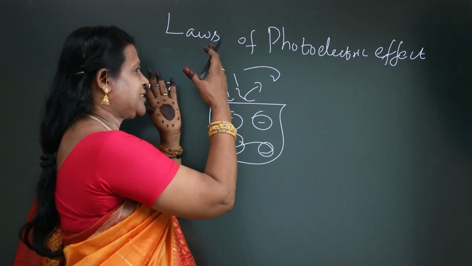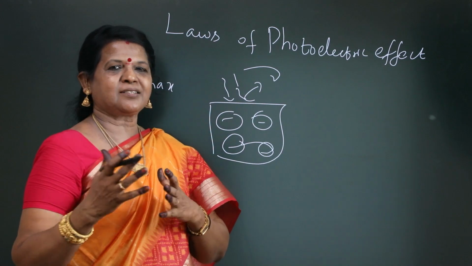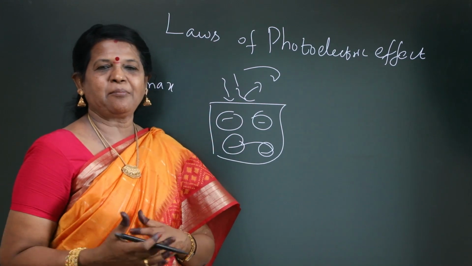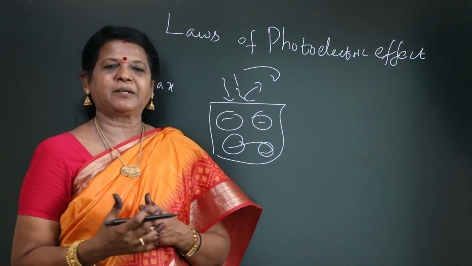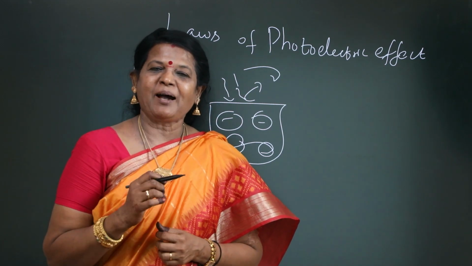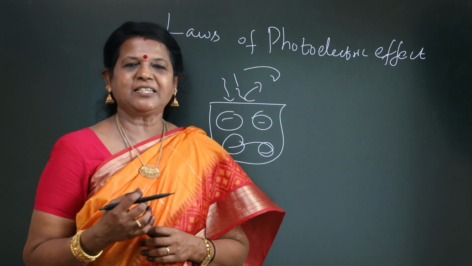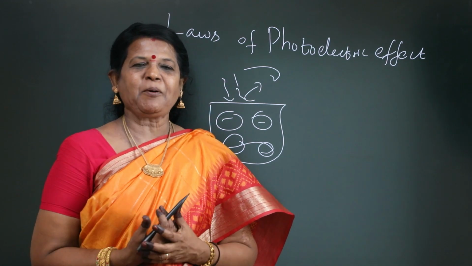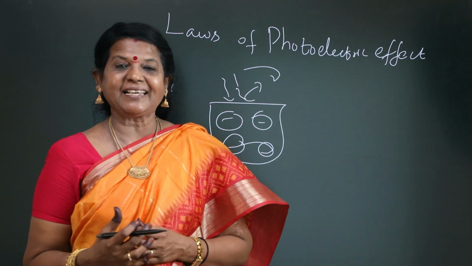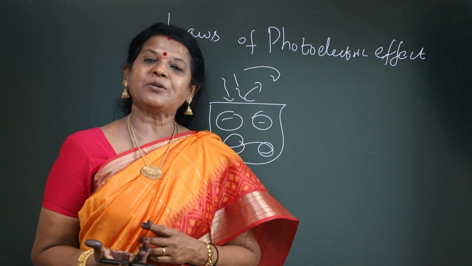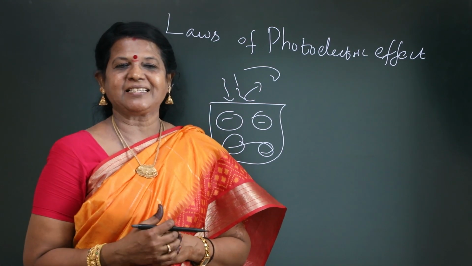That means for lesser intensity K max has one value, and for more intensity the same K max is obtained. So that's why the maximum kinetic energy of the photoelectrons is independent of the intensity of the incident light. The next point is the maximum kinetic energy of the photoelectrons from a given metal is directly proportional to the frequency of the incident light.